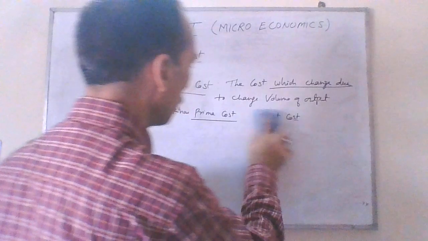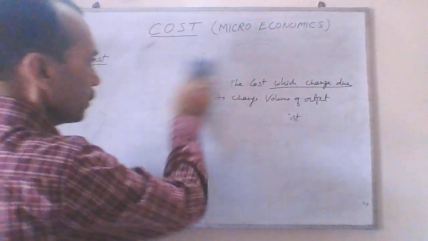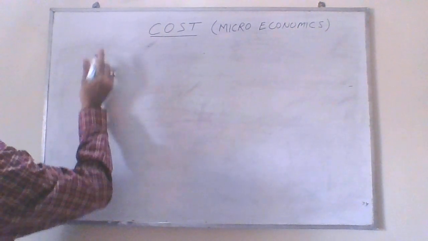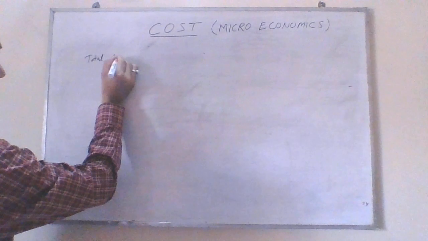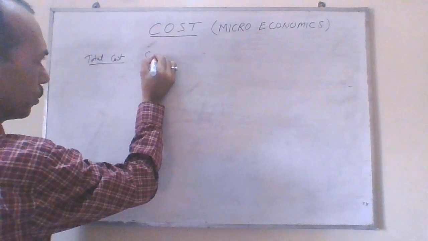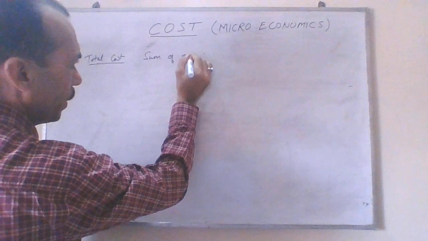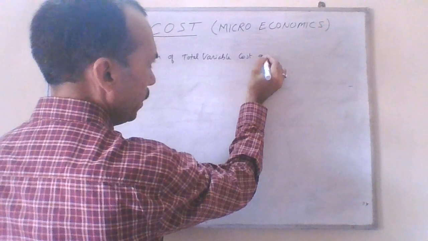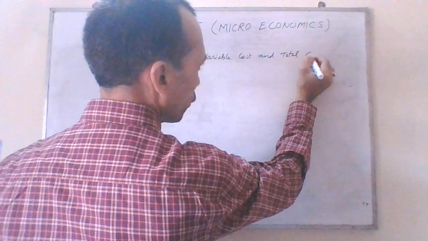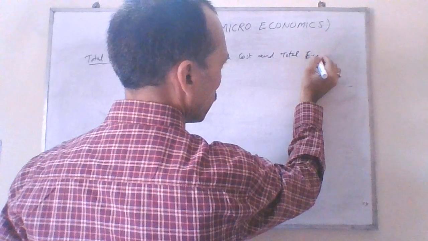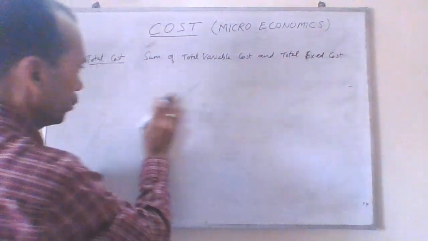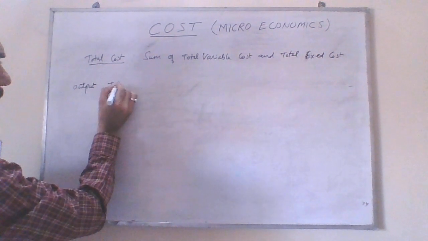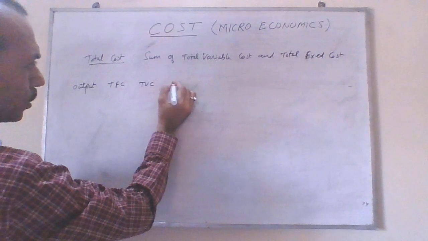Total cost is the summation of the total variable cost and total fixed cost. Say, this is your output, this is your total fixed cost, this is the total variable cost and this is the total cost.